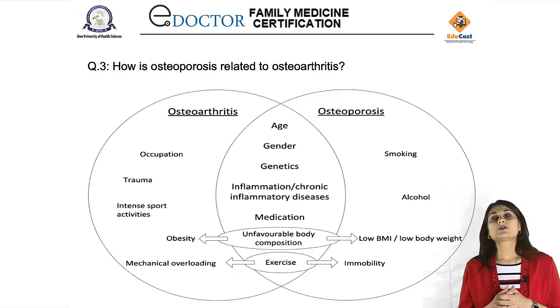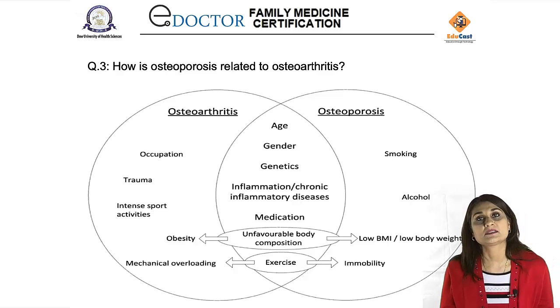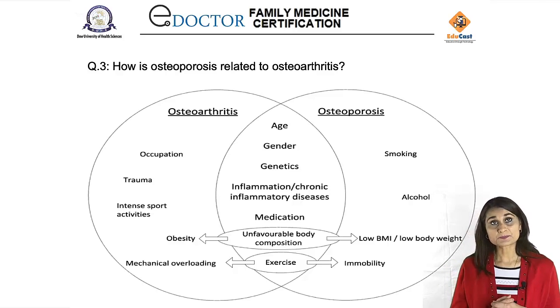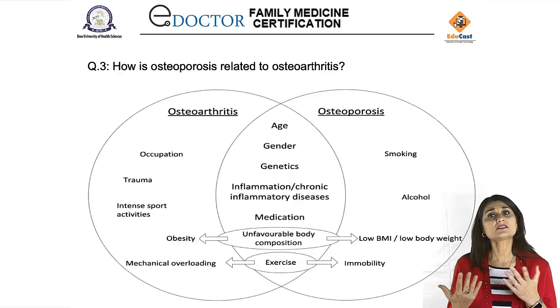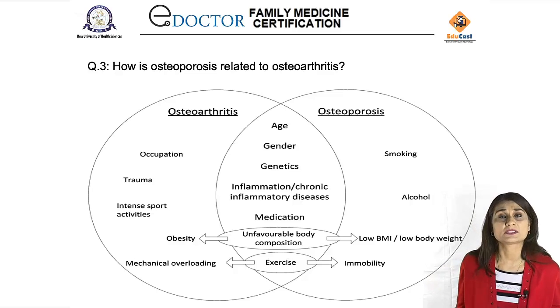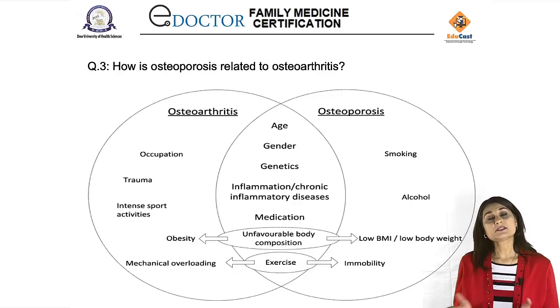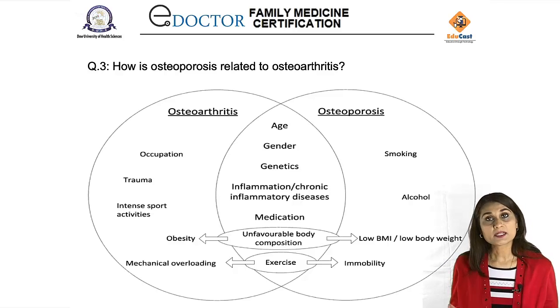So smoking, alcohol, low body mass, and immobility are the risk factors for osteoporosis. And for osteoarthritis: occupation, trauma, intense sports activity, obesity, mechanical overloading. So look, the risk factors are different. They are entirely different diseases, diagnosed entirely differently, and treated entirely differently.